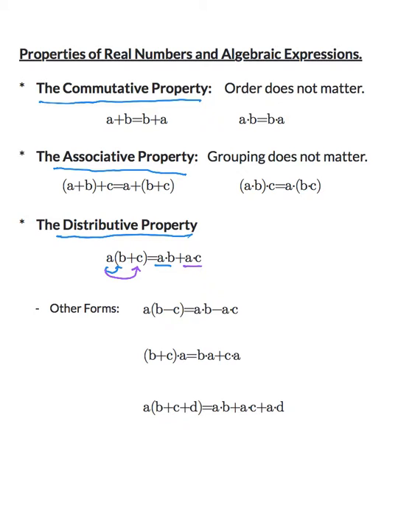Other forms of this, you can see you can have a subtraction, and the subtraction sign will basically just carry over. The second one, you won't see as much, but it is possible. You can have your binomial inside the parentheses on the left side and then the constant on the outside on the right side. And again, it's the same thing.